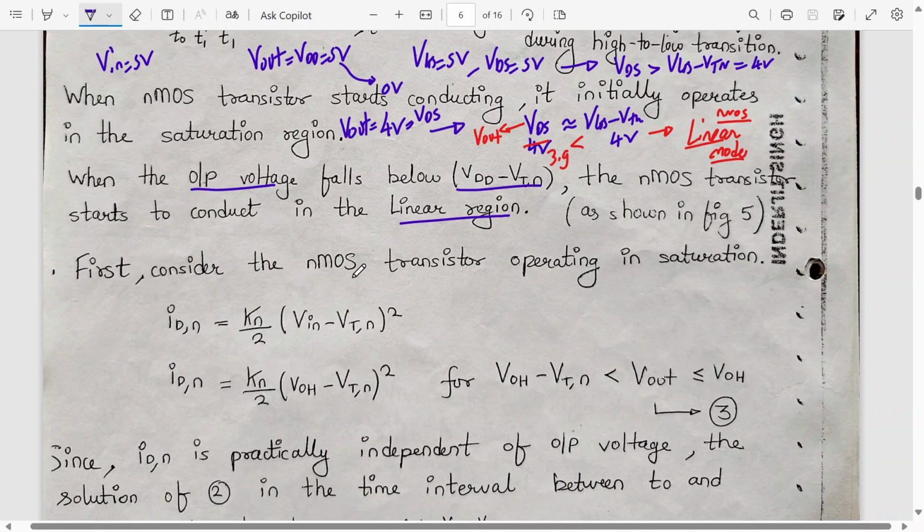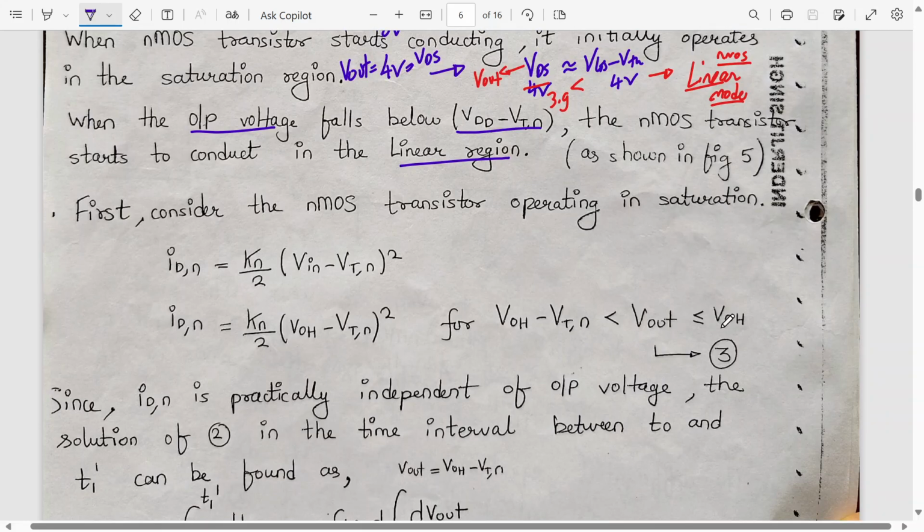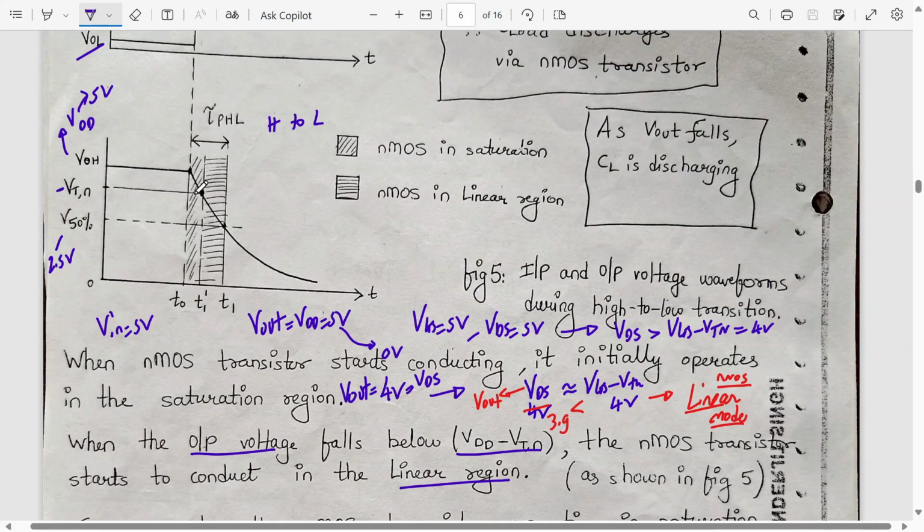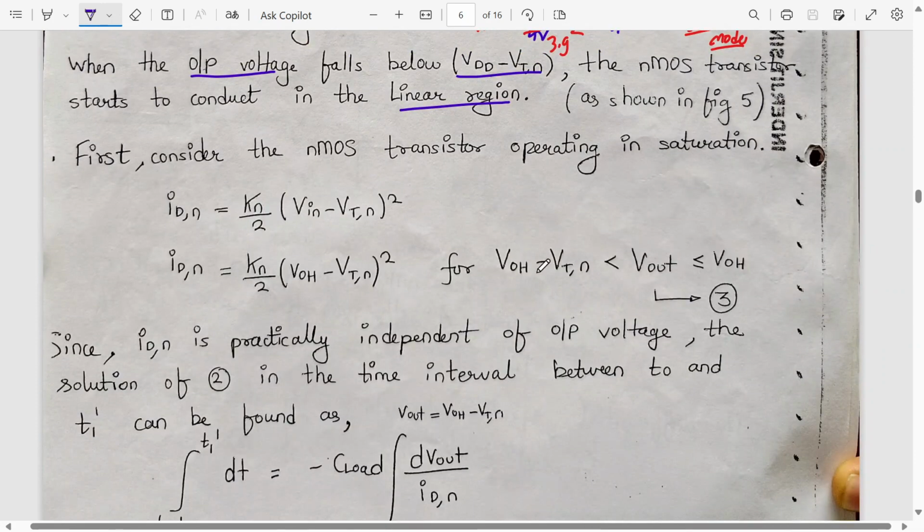Okay. So we'll first consider the NMOS transistor operating in saturation. IDN will be Kn by 2 times (Vin minus VTN) squared. This is for the output between VOH and VOH minus VTN, where VOH is nothing but the Vout.